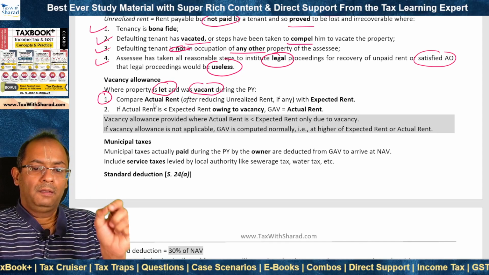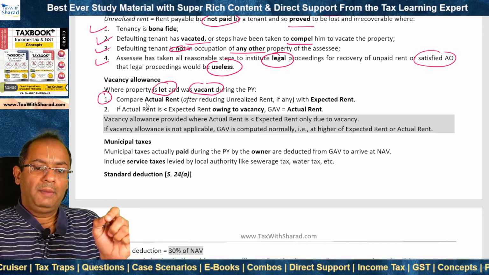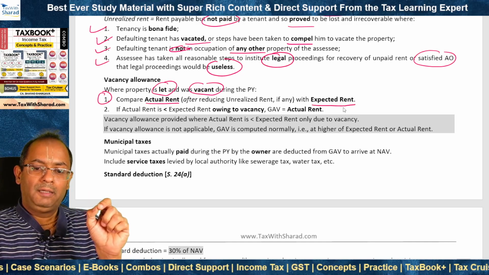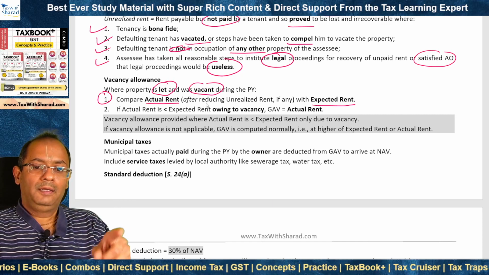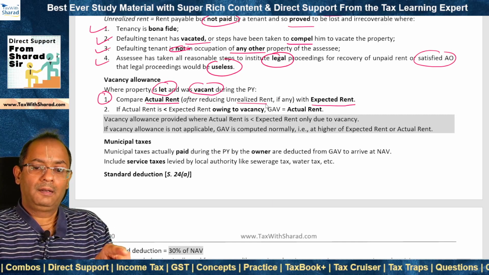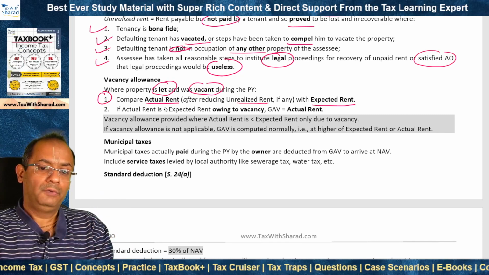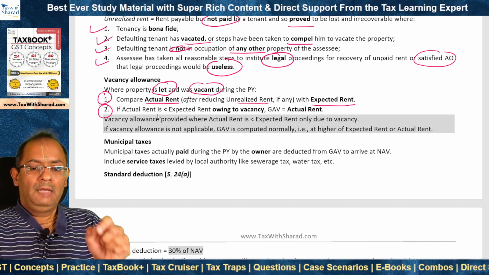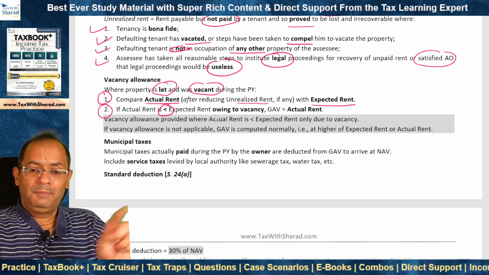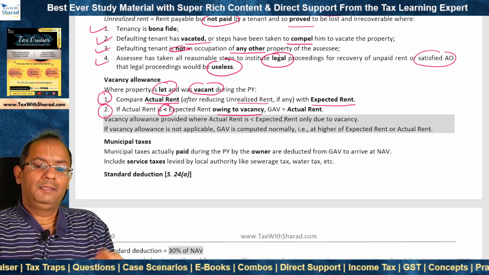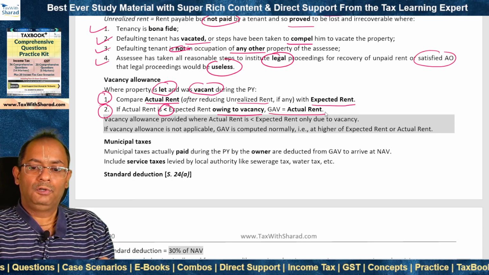Step 1, we compare the actual rent with the expected rent. And actual rent is what we determined after reducing unrealized rent, if any, if the conditions of Rule 4 have been fulfilled. Then, if the actual rent is less than the expected rent owing to vacancy, in that case vacancy allowance is available and GAV is equal to the actual rent.